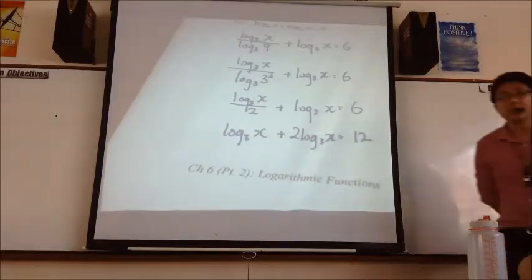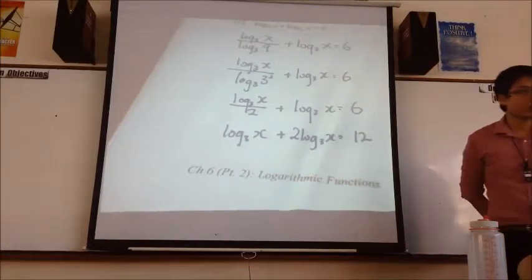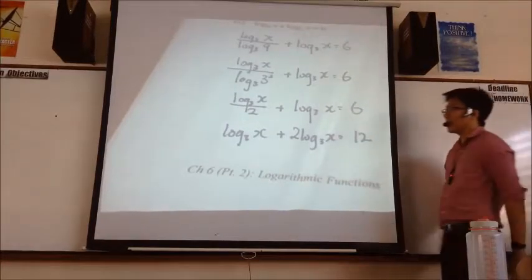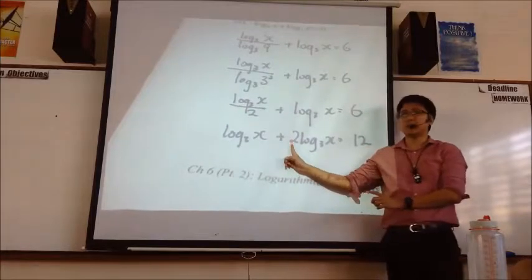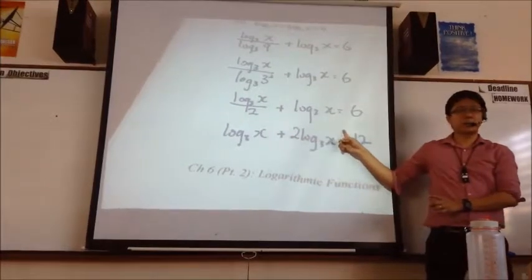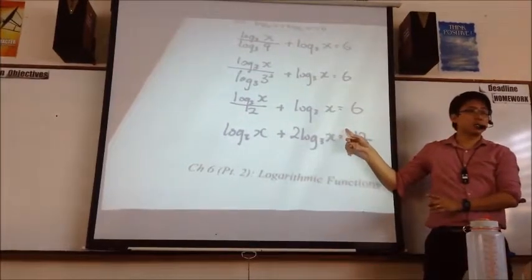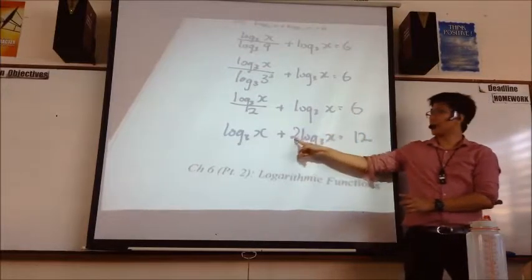Can I stop here already? You know how to continue? Can I combine? There's a 2 here, so what must I do? Bring up, bring up to become x squared. Can you follow? So I bring up to become x squared.